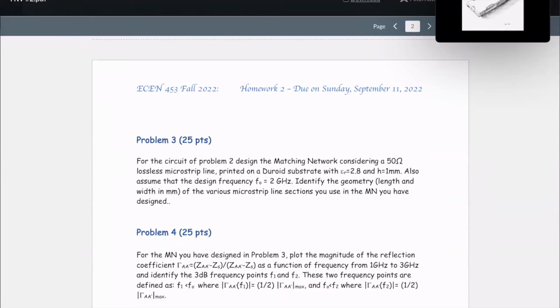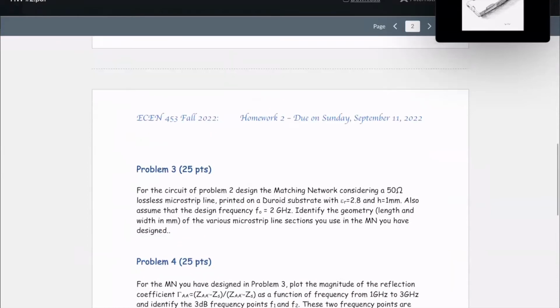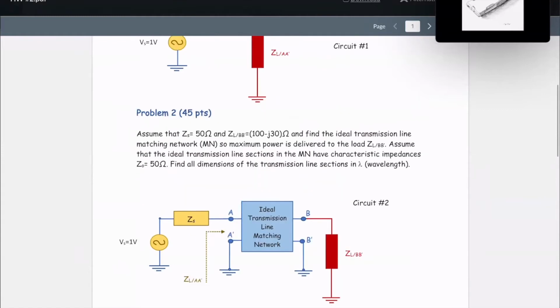Go ahead. I had a question, just a real quick one on number 2. When I was watching solving session 3, I noticed that you needed to solve for Z01 in that specific problem.